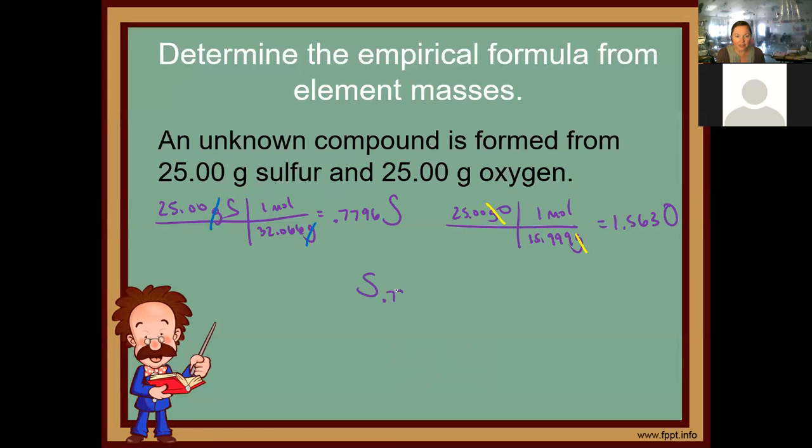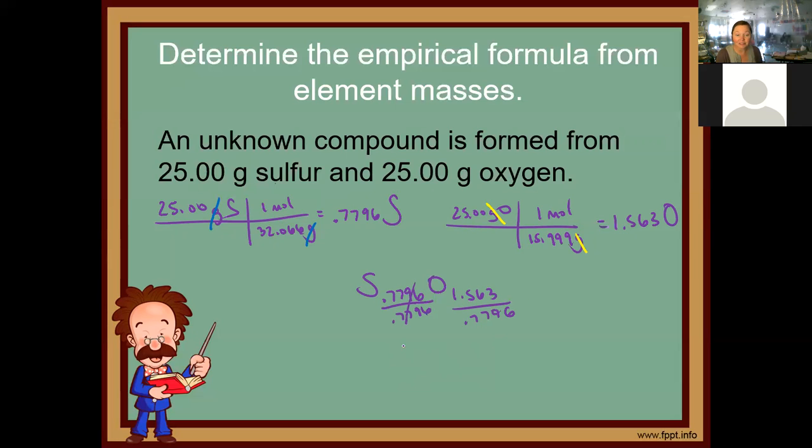So I can write a formula. Sulfur, 0.7796. Oxygen, 1.563. What should I do now? Because that does not look like a healthy formula yet. Divide by the smaller. Which one is smaller? Divide both by 0.7796.